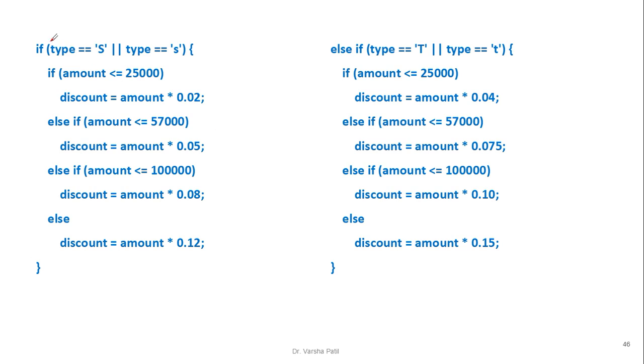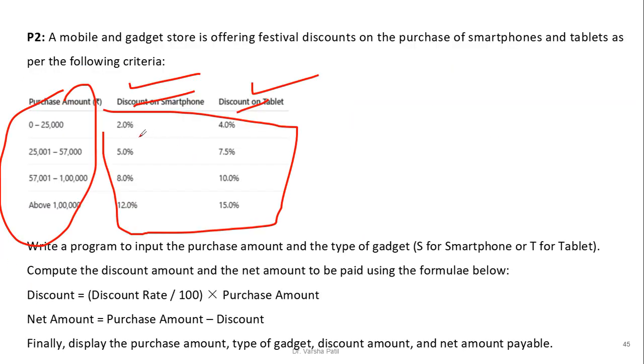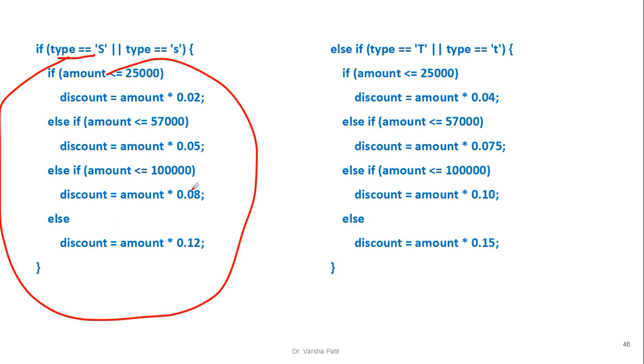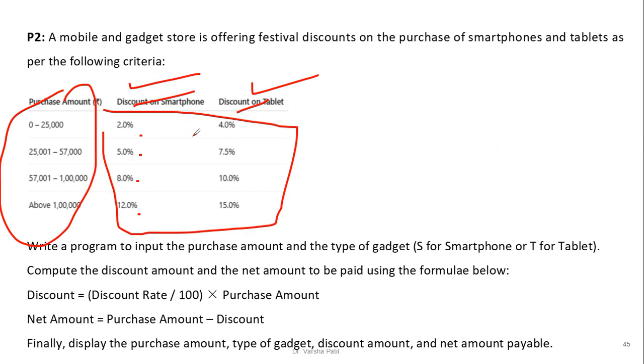So if type is equal to s, we accept the character, that is whether we are going for smartphone or tablet. So if the character is small s or capital S, we will calculate the discount like this. See, discount is 0.02, 0.05, 0.08 and 0.12. And here if it is a tablet, the discount is like this. So this is in the if part, and this is in the else part, because here we need to be specific, either for smartphone or for tablet.